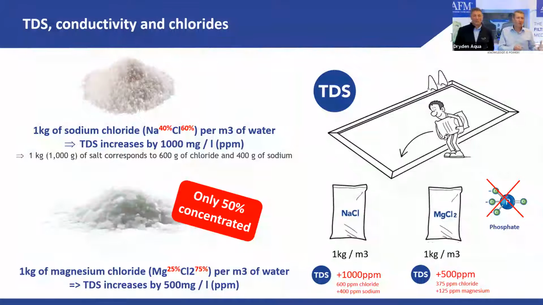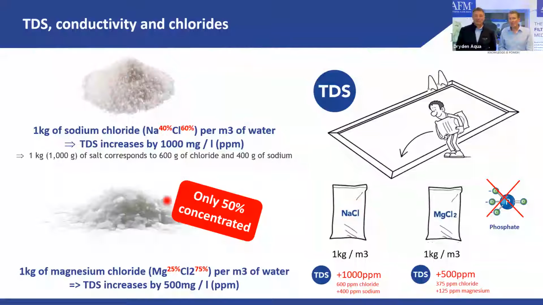So 2 pounds in 35 cubic feet of water will raise your TDS by about 1000 ppm. So now we have it. On the other side, you could also use something like magnesium chloride.